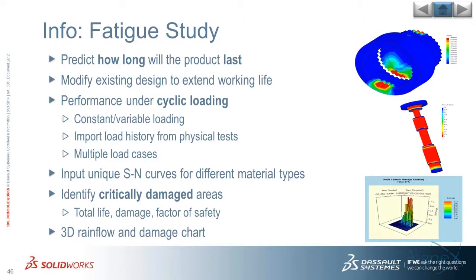So let's say you have maybe a thermal cycle as well as just a static loading cycle. We can include both of those studies in the fatigue study and combine those stresses from each study and apply that to the fatigue study as well. Okay, and then what this takes is the SN curve for the material, and this helps us identify those critically damaged areas.